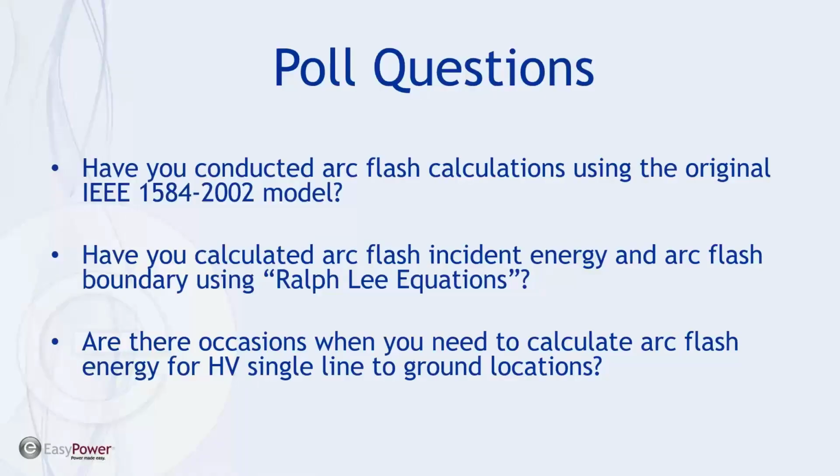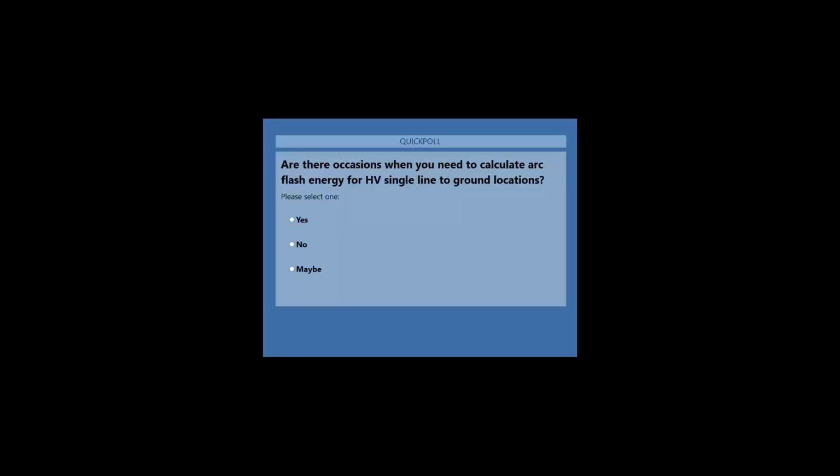And then the last question, are there occasions where you need to calculate arc flash for a high tension wire or a high voltage system that's concerned about single line to ground arcs or faults?